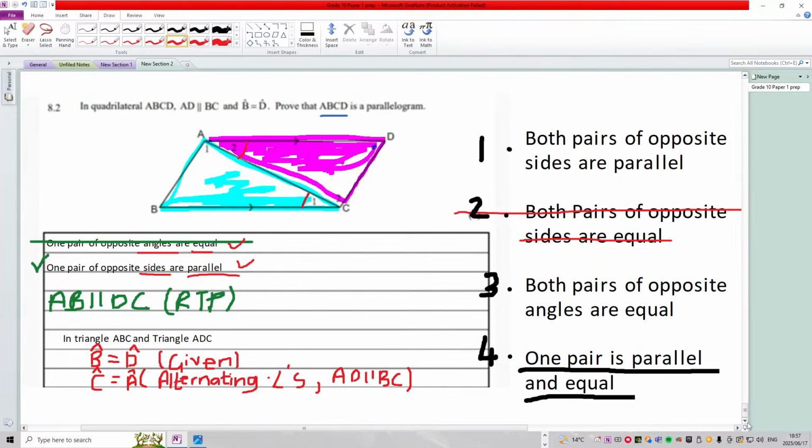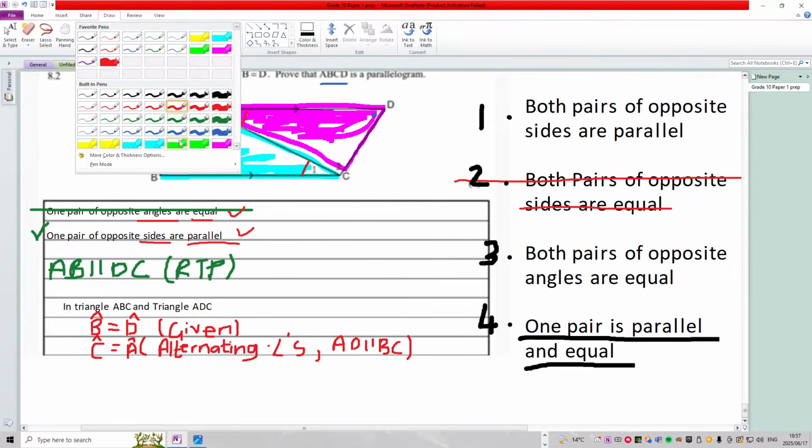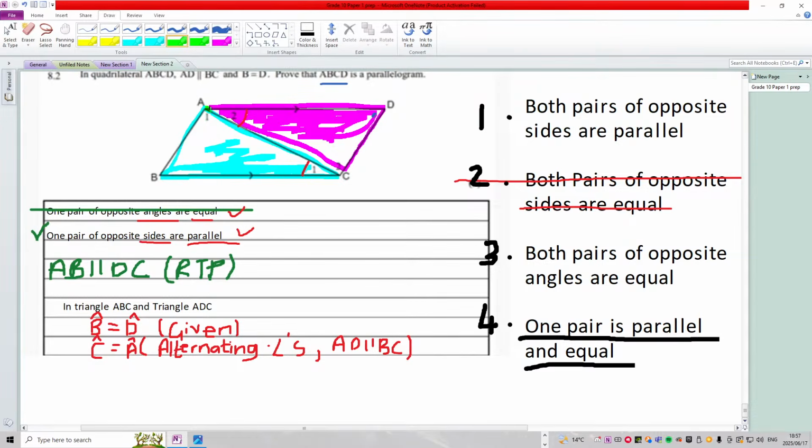So I have two conditions so far. Luckily for me, it's not going to be a mess. I'm going to use green. If we look at AC, AC is common. Do we see AC?